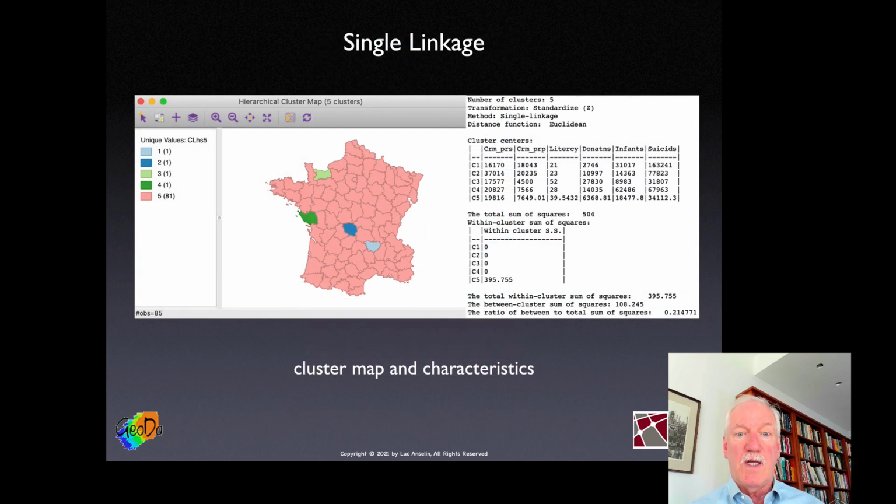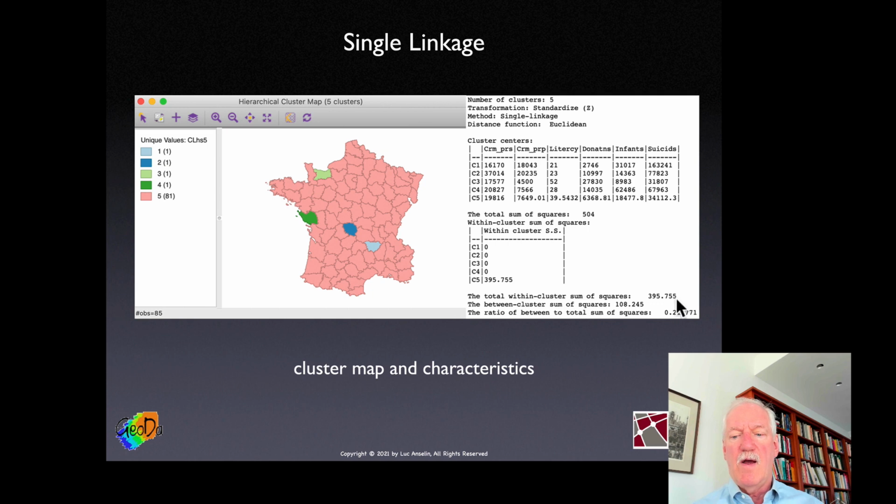Now we go to single linkage, and right away we notice the existence of several clusters that are singletons. In other words, they consist of themselves, and then everything else is one huge cluster. So this is typical for single linkage, that you keep a number of singletons, and then everything else groups in 1 or 2 very large clusters.